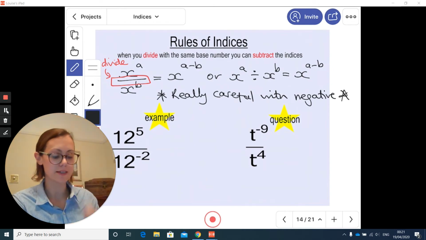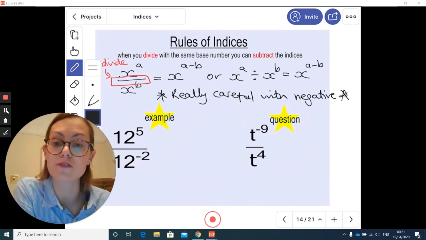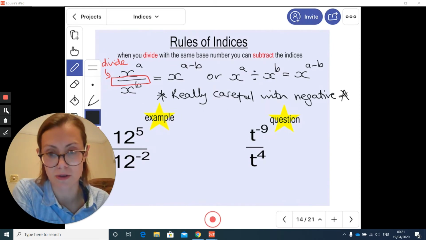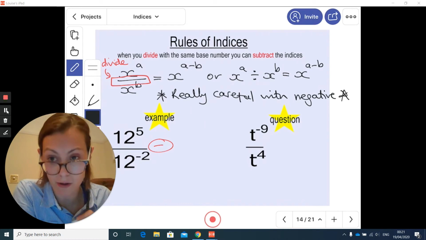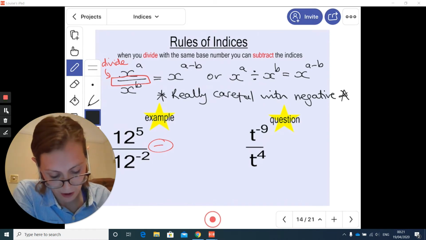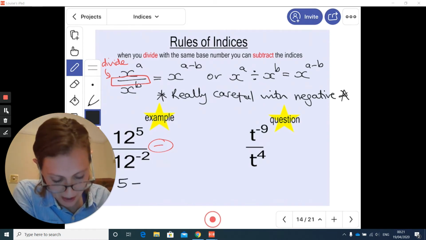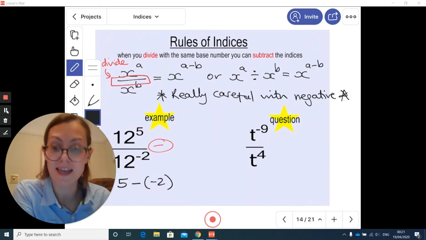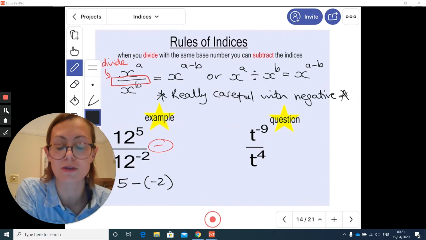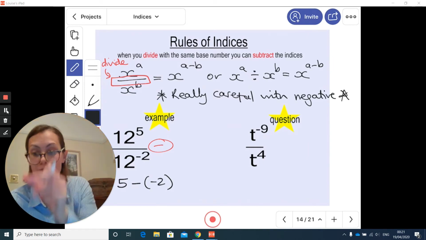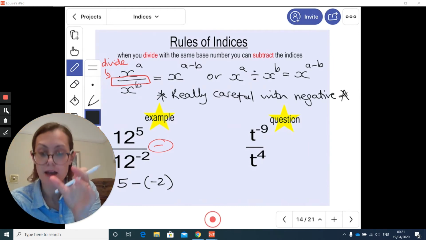So in this first example, you've got 12 to the power of 5 divided by 12 to the minus 2. So you're going to subtract your powers. So I write a subtraction here, and then I write out that subtraction. So you've got 5 minus, and this is a minus 2. So you've actually got 2 minuses, and I put the bracket around the minus 2, so it's really clear for you to see you've got 5 minus a minus 2.